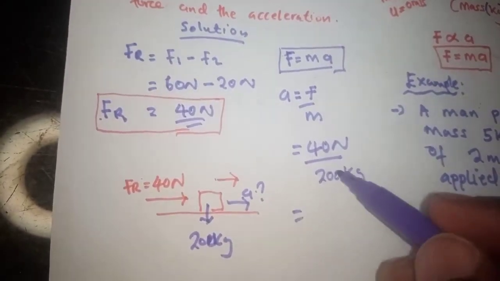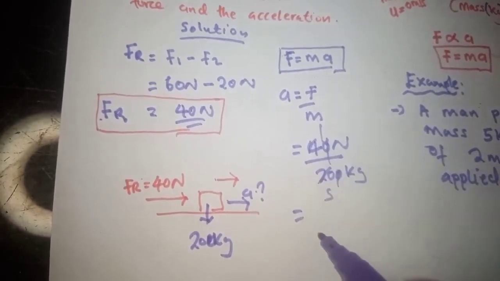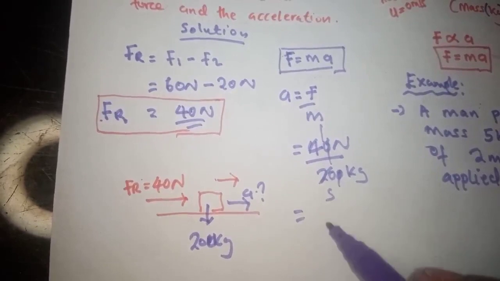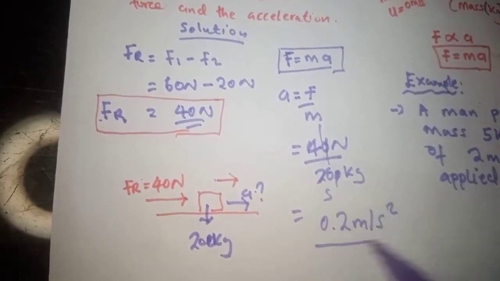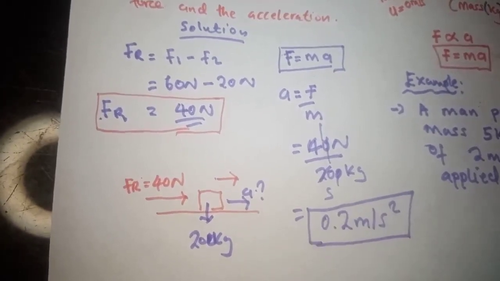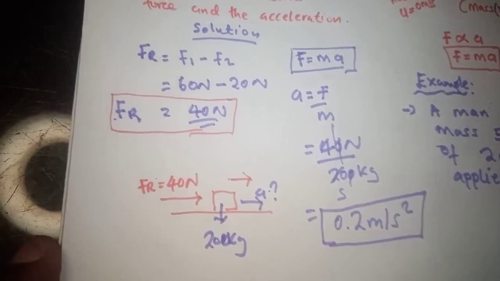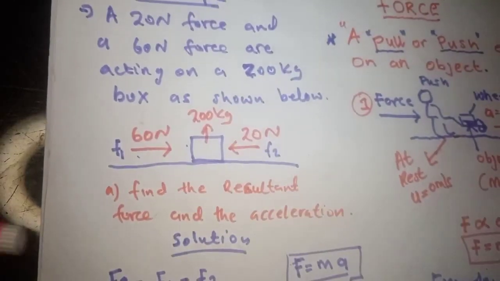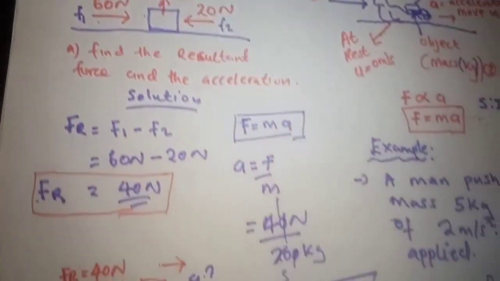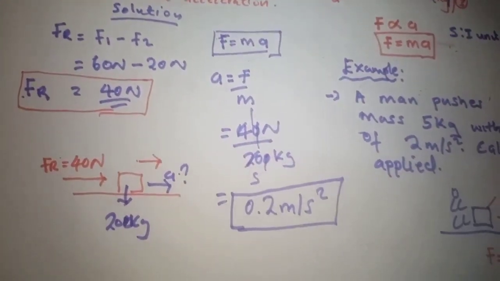You cancel the zeros, and you get 0.2 meters per second squared. That is the acceleration for this question. You can see the forces are not balanced, you find the resultant force, and then we are also able to find the acceleration given the mass.